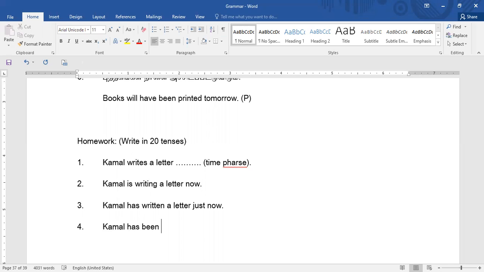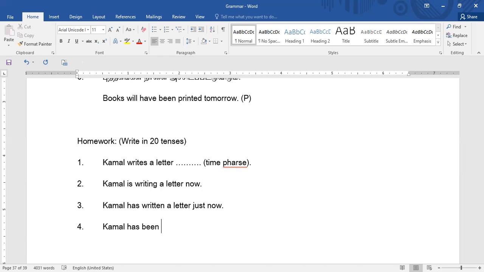If it is continuous, what verb form should be used? For continuous, I ask you the verb form, not the helping verbs. We have studied verb form, no? In 6 forms. Writing.